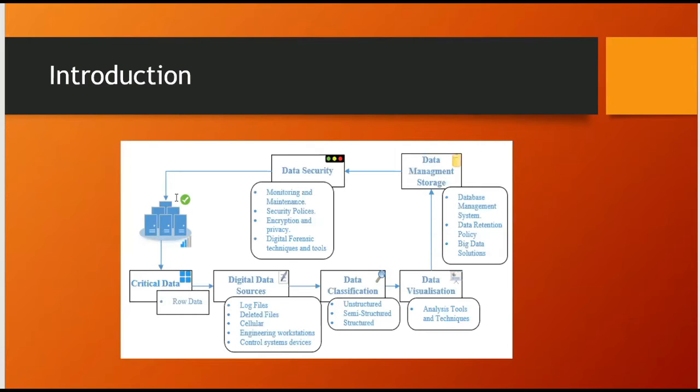Here is a general introduction about the critical data, the life cycle of how to secure the data and what we can do with the data. For example, we've got digital data sources that we can get digital evidence from, like log files if we're dealing with servers. We can get from log files or deleted files.